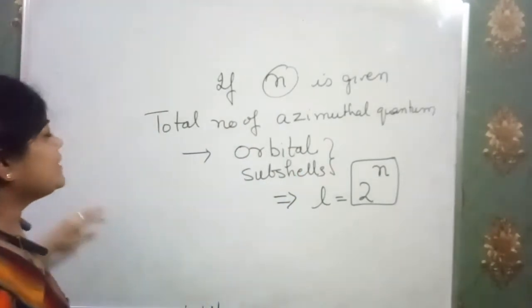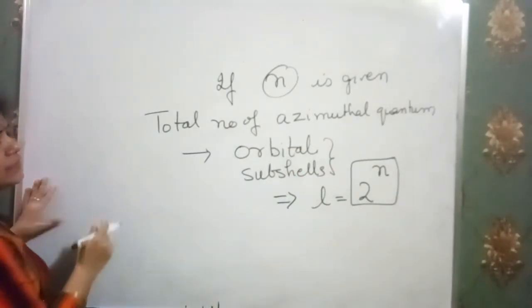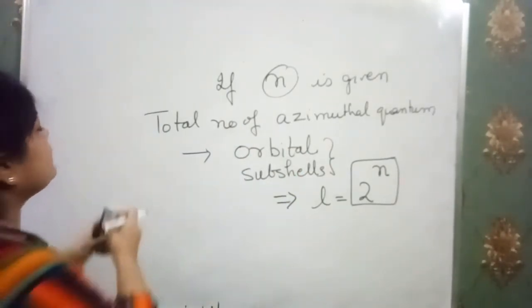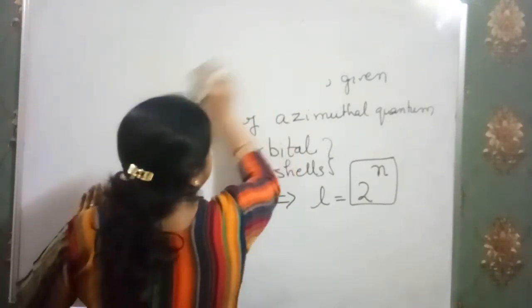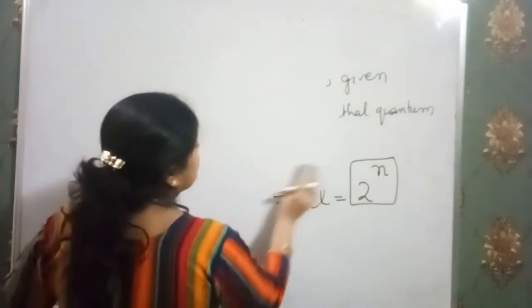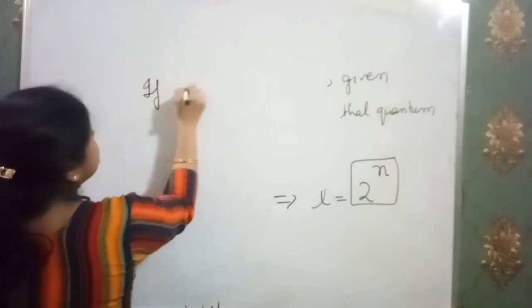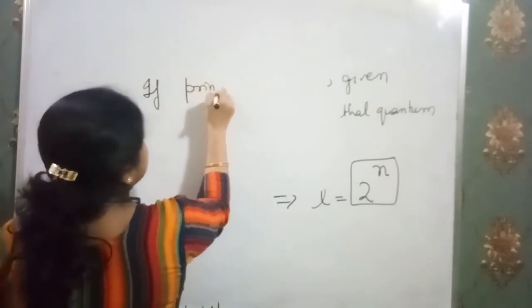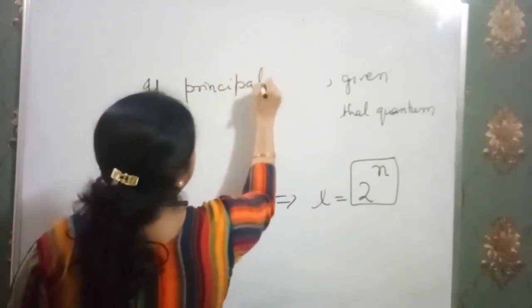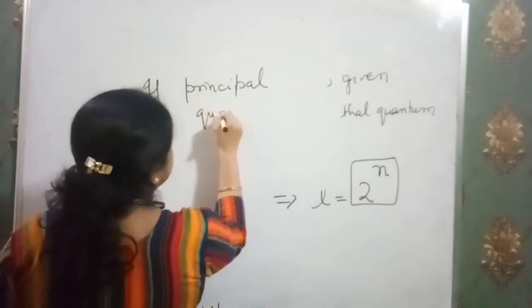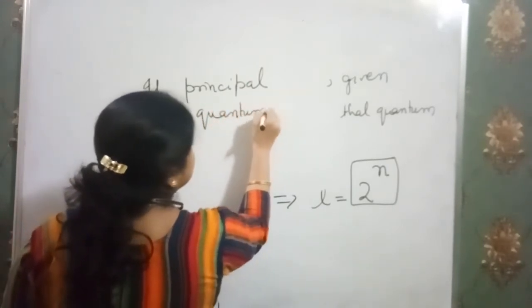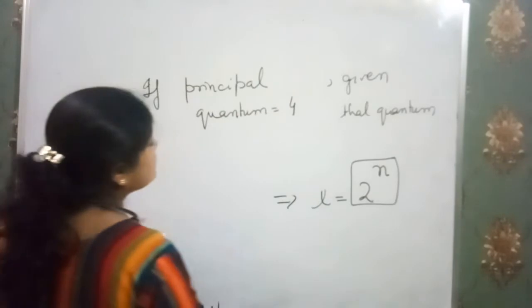Okay. So for example, there is a question that if the principal quantum number is 4, clear?